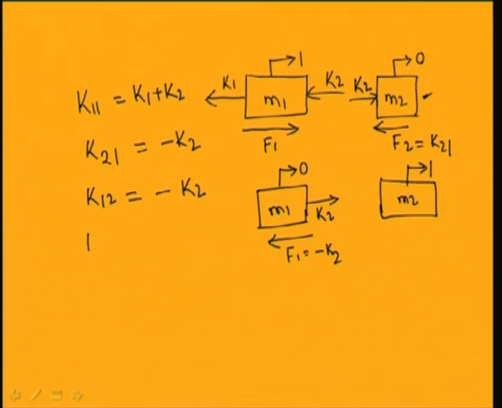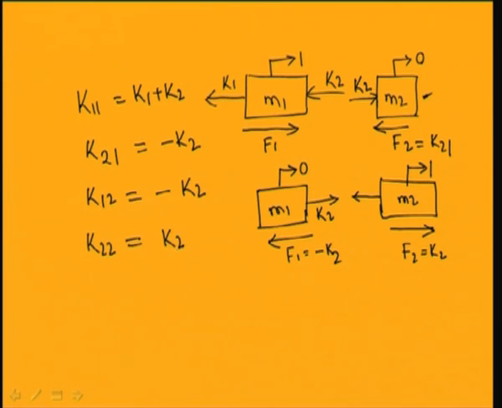Now, to determine K22, that is the force required at 2 to have unit displacement at 2 and 0 displacement at 1, you can find from this free body diagram that mass M2 is subjected to a force K2 in the opposite direction. To maintain this displacement, one has to apply a force F2 equal to K2, so K22 will be equal to K2.